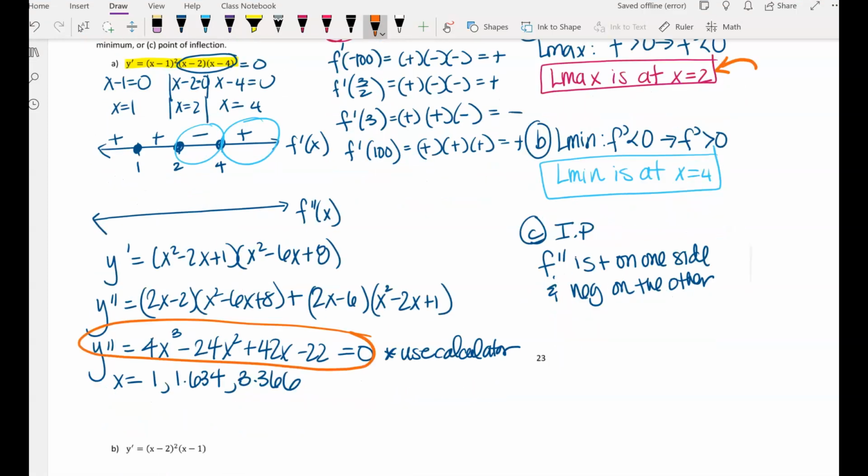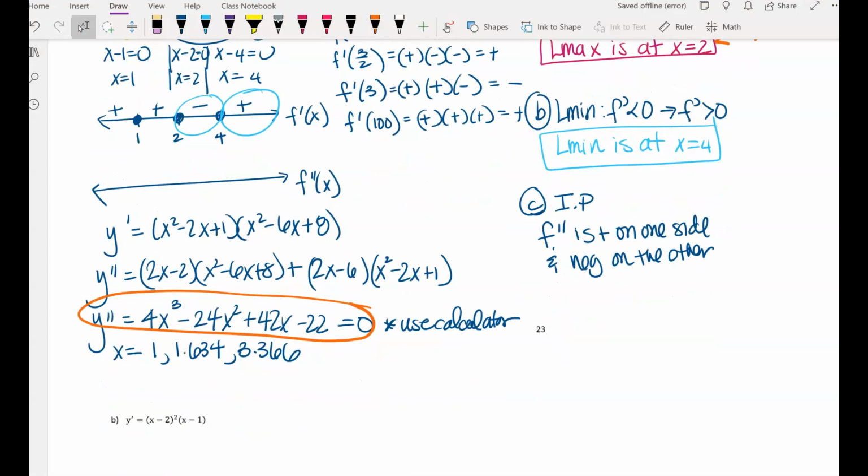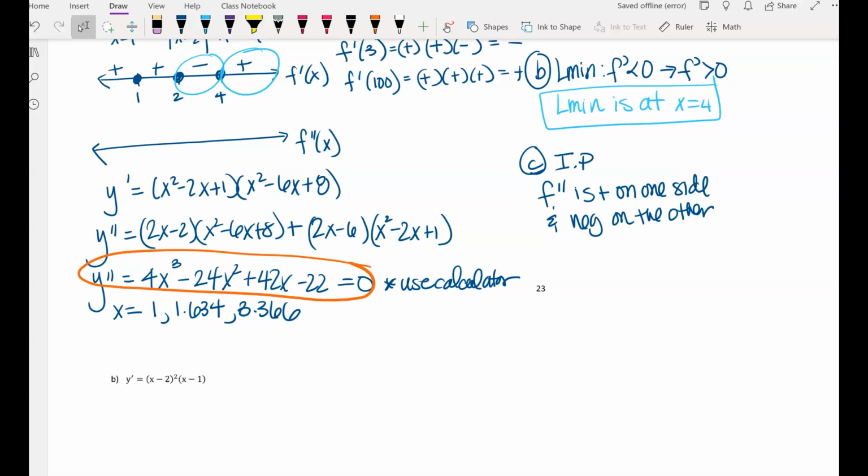Now, inflection point, guys, is when the second derivative is positive on one side and negative on the other, or vice versa. So we want to make sure we draw that here so we can find your IP. We got 1, then 1.63, then 3.37, and these are ugly numbers, so we are definitely going to use some help here.